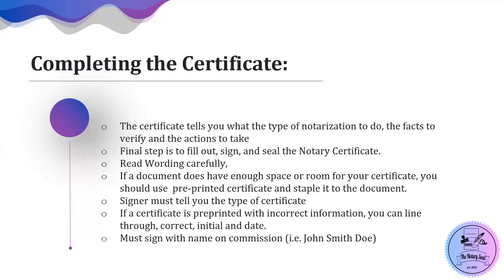I unfortunately signed up with my full name, my first, middle, and last, no initials. So every time I sign now, which I had to get used to, I have to write my full signature out with my full name spelled out. So however it appears on your commission is how you're going to sign. Okay, let's go to the next slide.